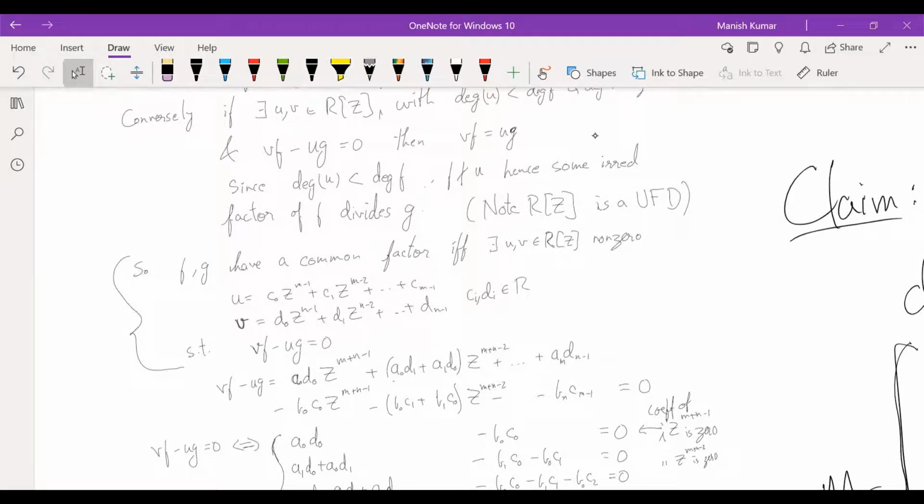We don't assert that U has to be a polynomial of degree exactly m minus 1. It can be a polynomial of degree less than m minus 1 as well. Some of these C_i may be 0, but all of them can't be 0. That is what we are asserting. Any other question?